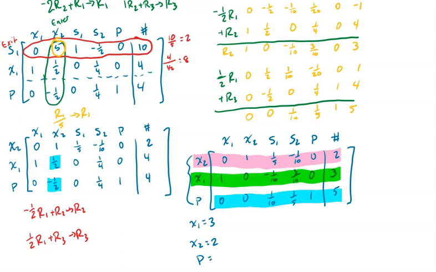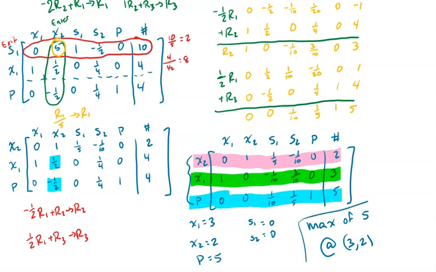And p is 5. For the record, S1 and S2 are both 0 because they weren't on the left. So we have a max of 5 at 3, 2. And that is our answer.